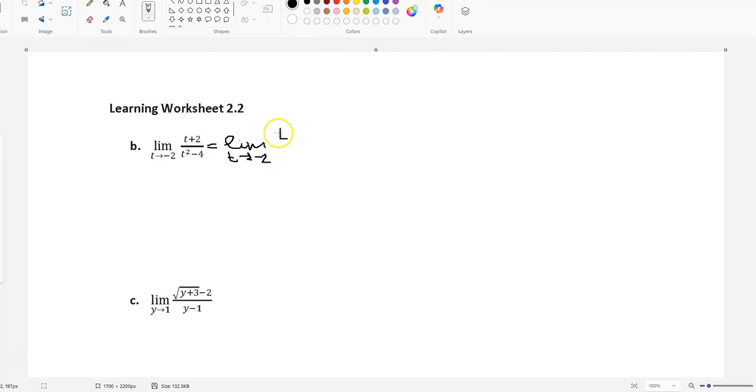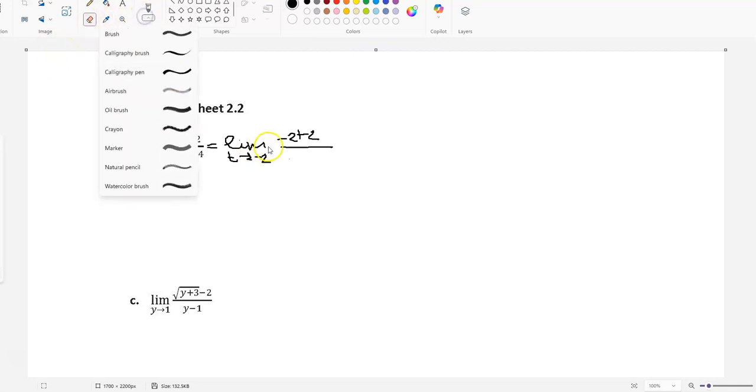So when you replace t with -2, you get -2 plus 2 in the numerator, and in the denominator you get -2 squared, which is 4, minus 4.